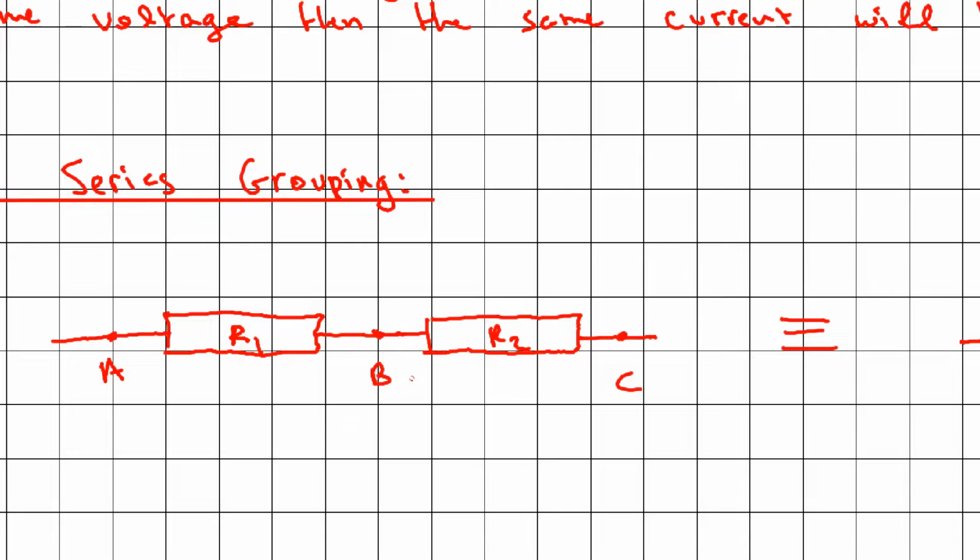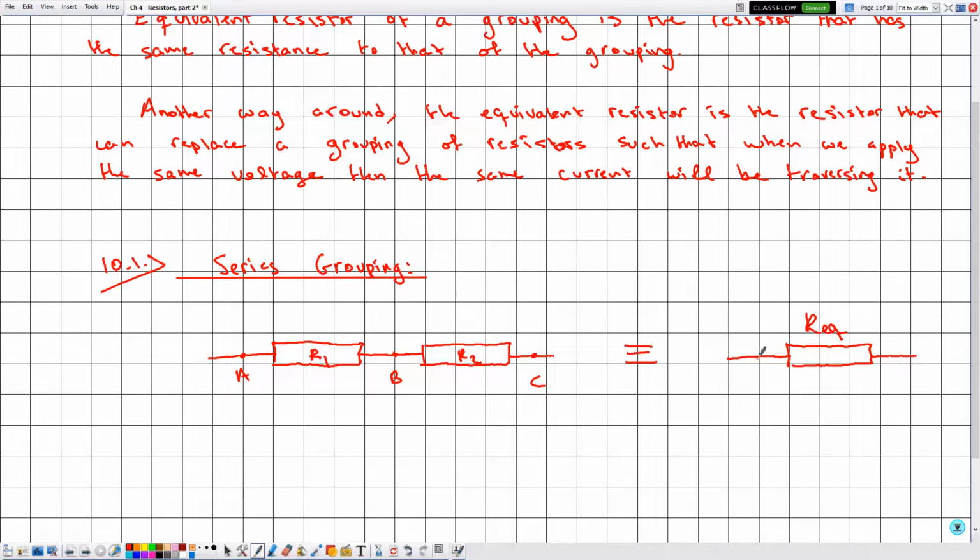Now notice that this point B disappeared, so we are left with the points A and C. So simply this equivalent resistor, where EQ stands for equivalent, will replace the resistors R1 and R2.